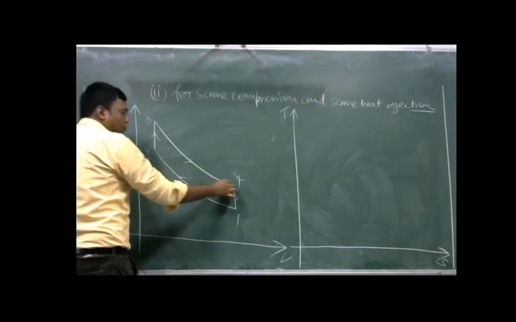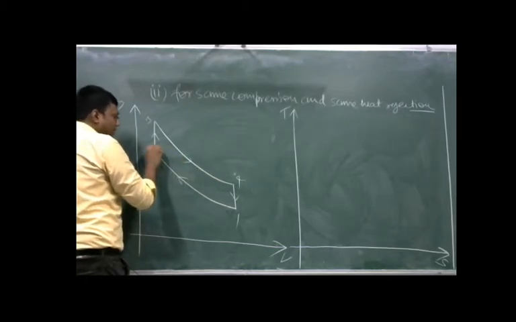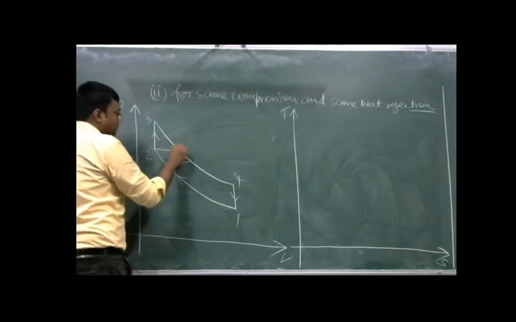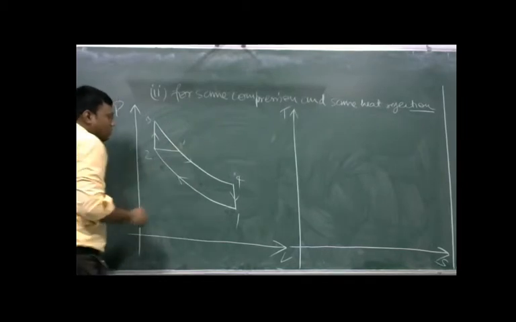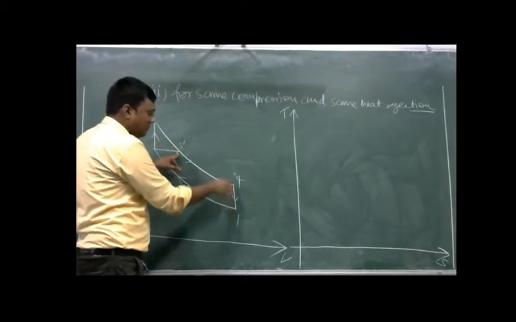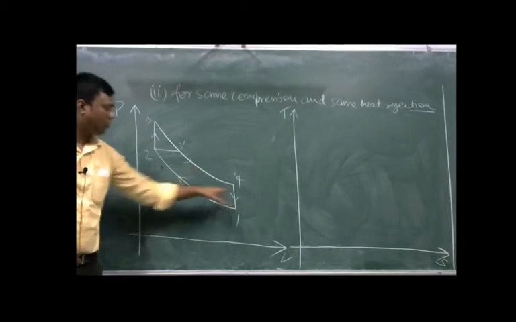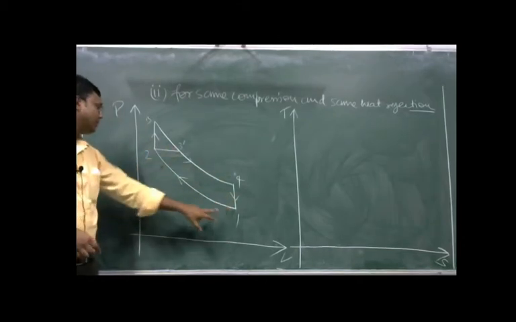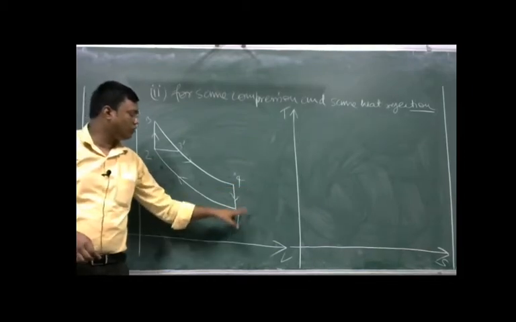So if we cross through this process, then the diesel cycle will be made like this. 1 2 is same, 2 to 3 dash, and then 3 dash to 4, and 4 to 1 will be same. So here you can see that in both the cycles, 1 2 3 4 Otto cycle, 1 2 3 dash 4 1 diesel cycle, the compression ratio is same, 1 to 2, and heat rejection is also same, from 4 to 1.